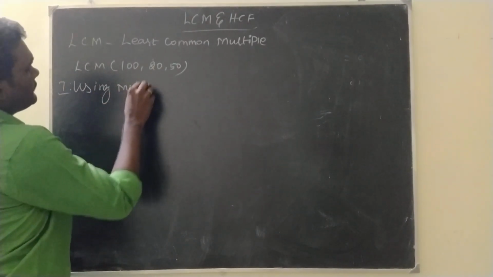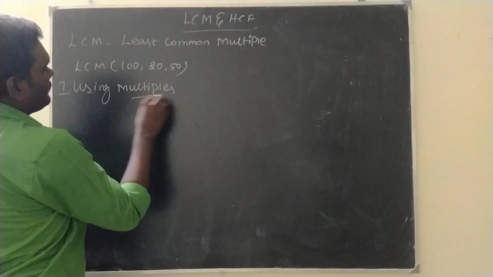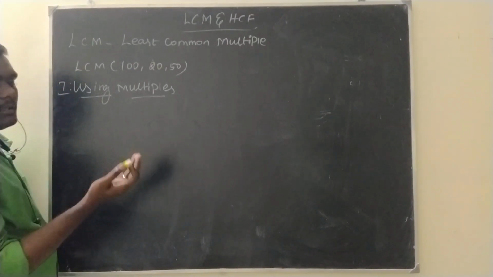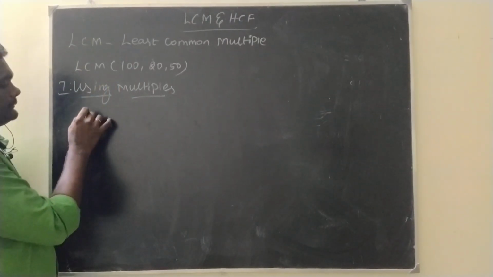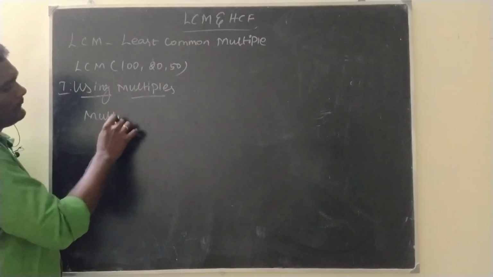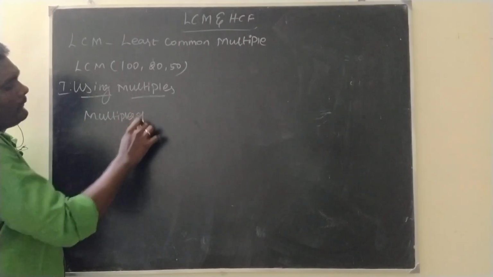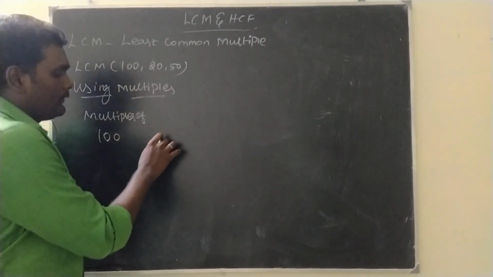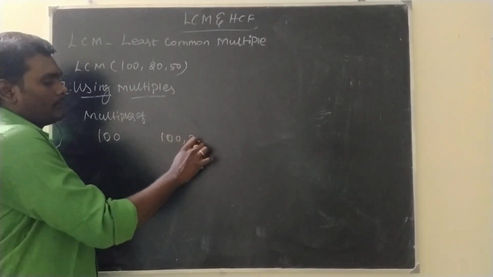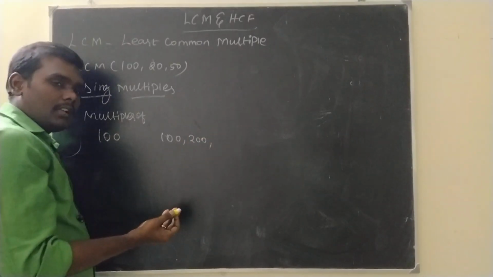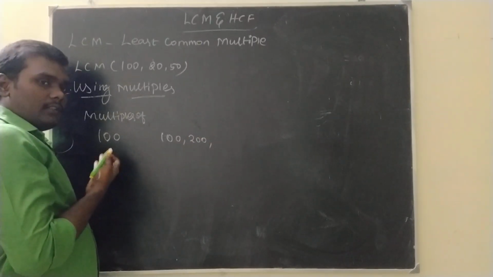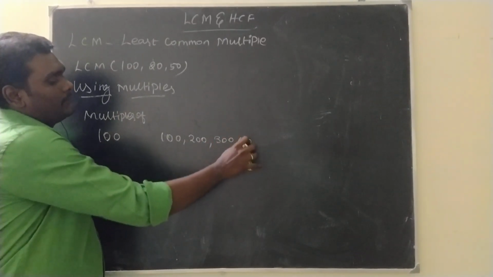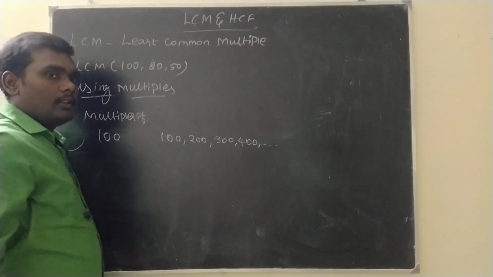We'll list out the multiples of 100. Multiples of 100 are what? 100, 200. Remember what the multiples are? Product of this number with the counting numbers. 300, 400 and so on.